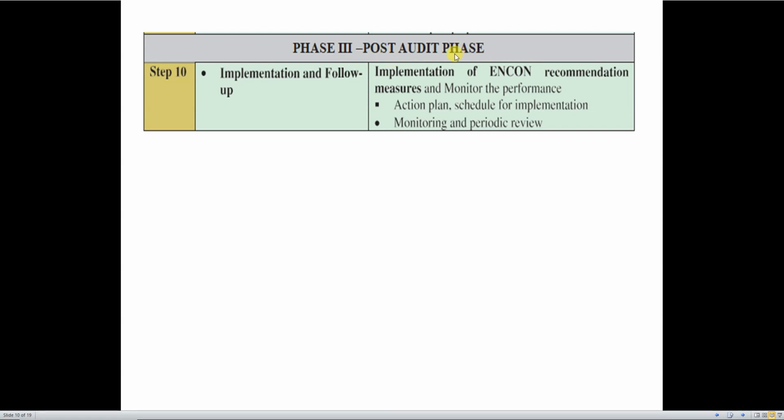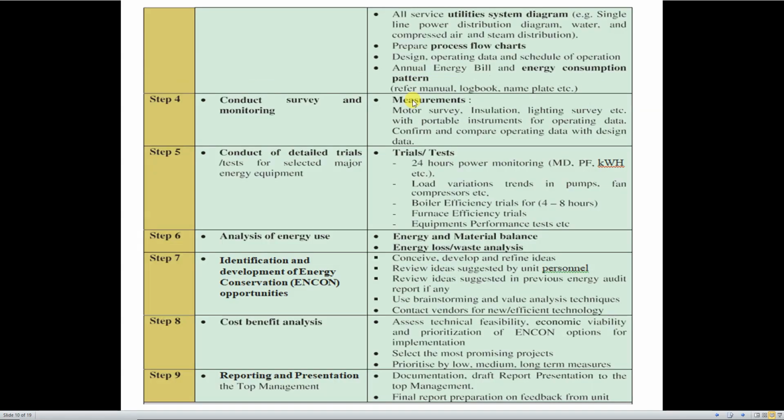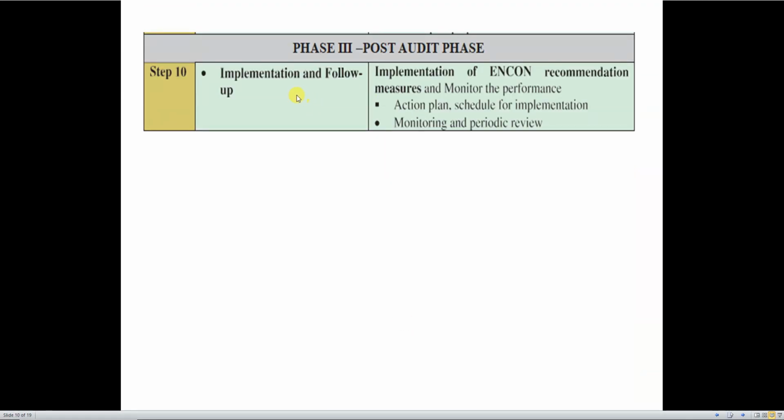So in the post audit phase you have to implement the energy conservation opportunities and recommended measures. Whatever you have recommended, the different cost beneficial opportunities from step number 7 and step number 8, you have to implement them, and you have to take a follow up.